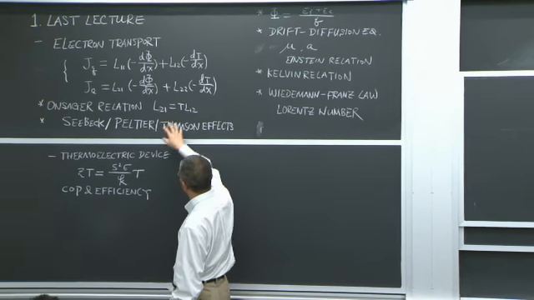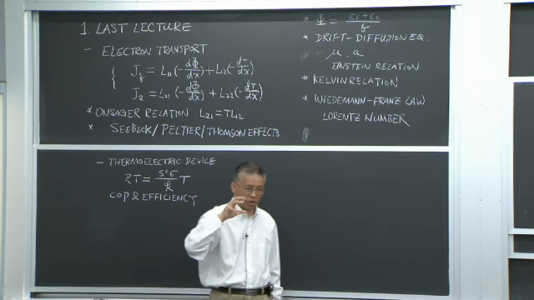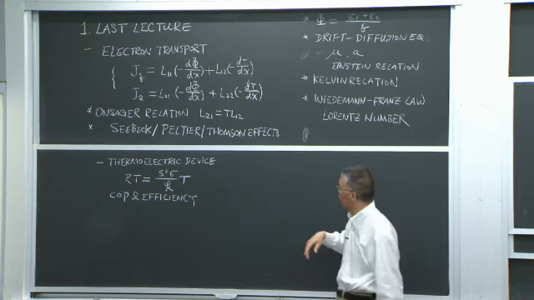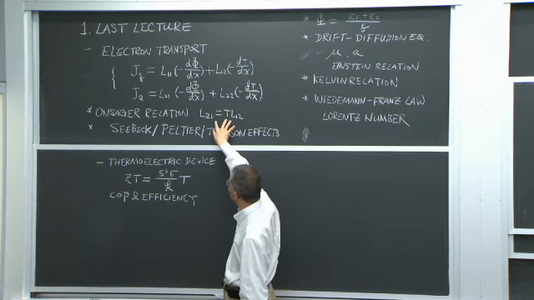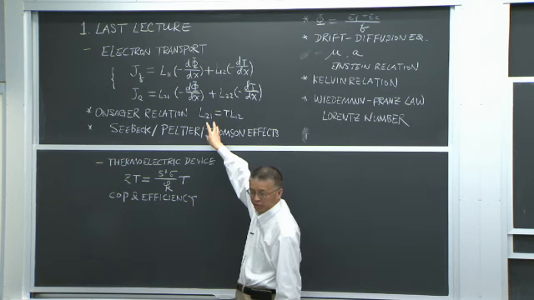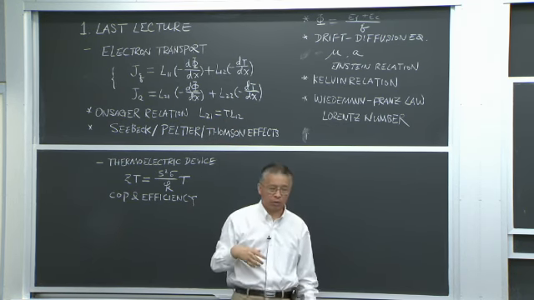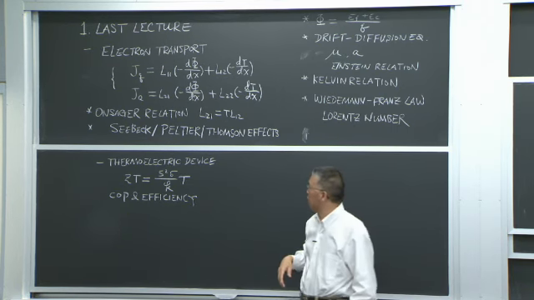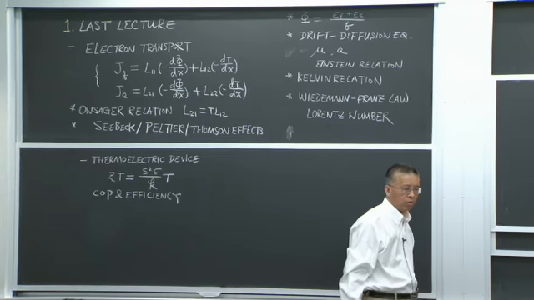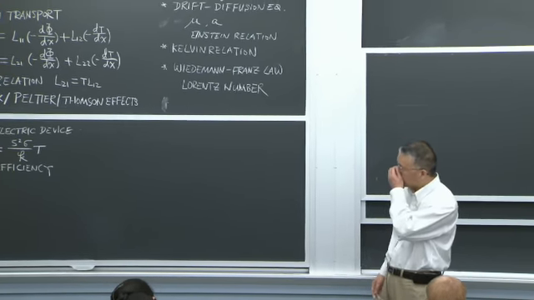And if you generalize the gradient by the generalized entropy gradient as the force, then you have the Onsager relation between those coupling coefficients. In the generalized form, those coupling coefficients are equal to each other. But since we're not writing in terms of entropy, we're writing temperature, L21 equals T L12 in this specific expression we use.